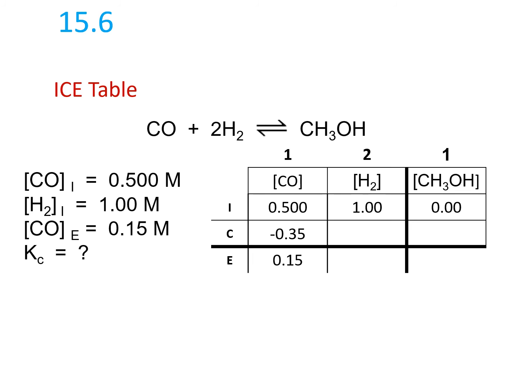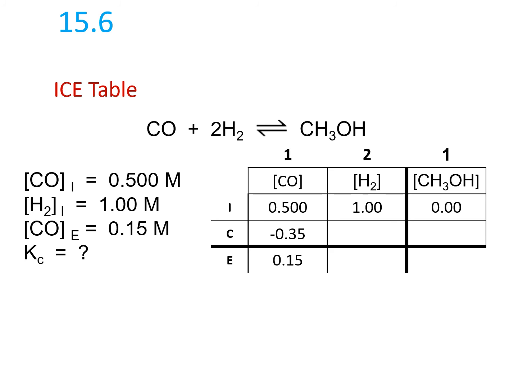If you are a reactant, you underwent a loss in this amount given the appropriate proportion, and I'll tell you what I mean by that in a minute. If you are a product, you gained by the appropriate proportion. What I mean is that we wouldn't simply plug in a negative 0.35 for hydrogen, because the ratio of carbon monoxide to hydrogen is 1 to 2.